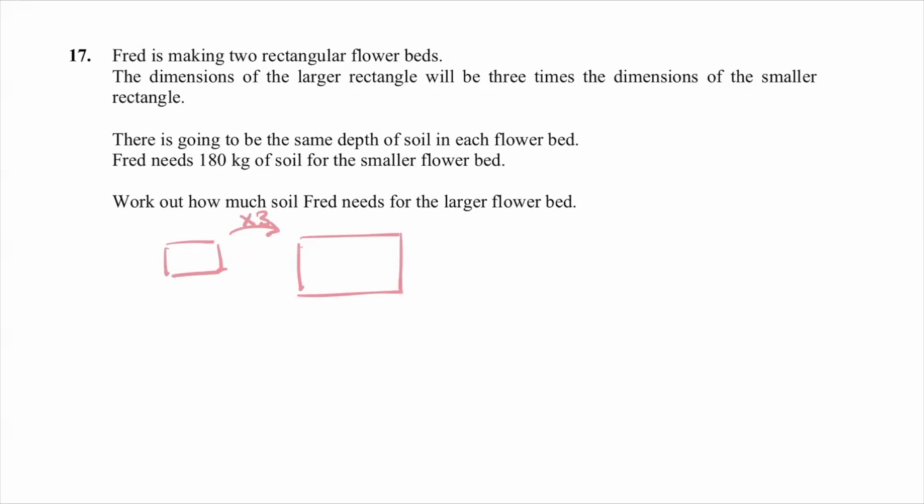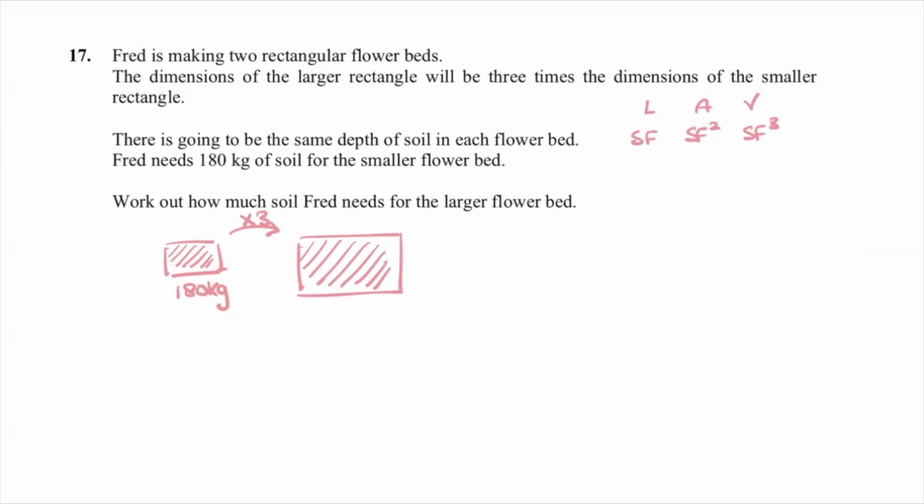Fred needs 180 kilograms of soil for the smaller flower bed. So to cover this flower bed, we need 180 kilograms of soil. I've got to work out how much soil Fred needs for the larger. So we need to know what that area is. Now, when we're doing scale factors with similar shapes, the thing to remember is for length, area, volume, scale factor, scale factor squared, and scale factor cubed are the links that help you solve the problem.